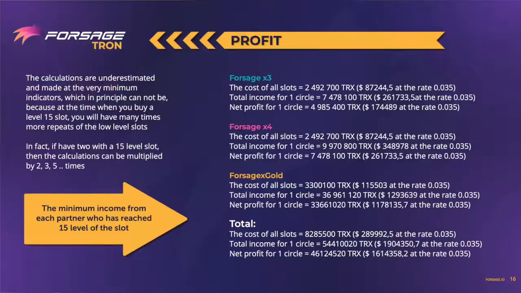If we add up the income of one circle of all slots of all programs and subtract the cost of all slots, we get a net profit for one circle of 46,124,520 TRX. It is $1,614,358 at the rate of 0.035. This is a great profit.